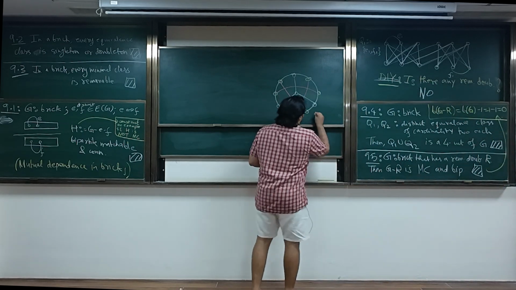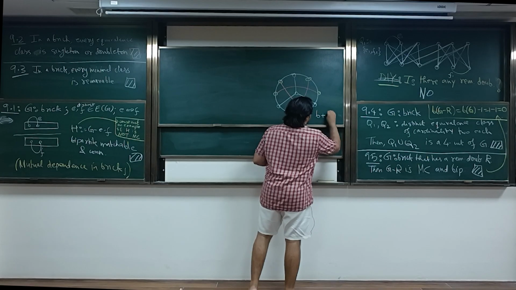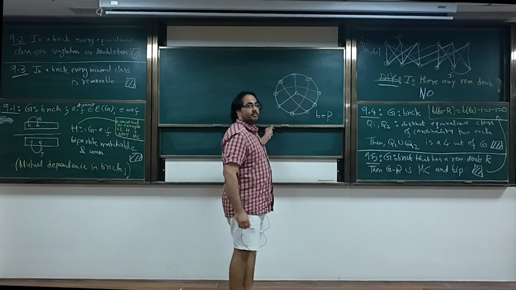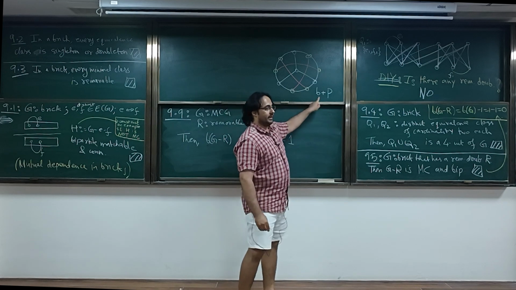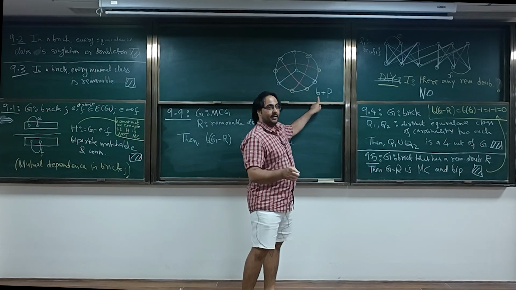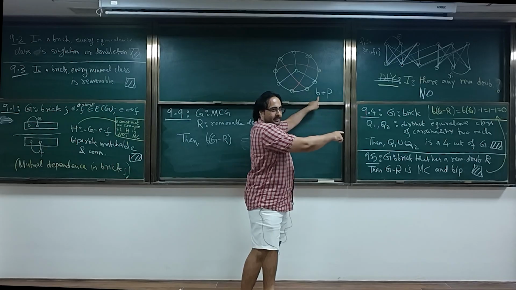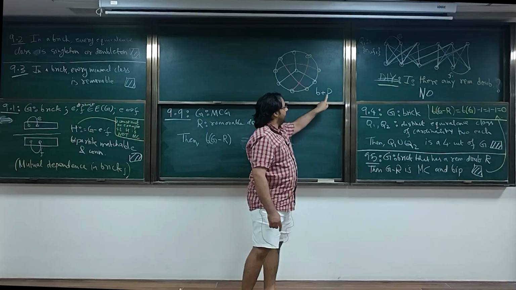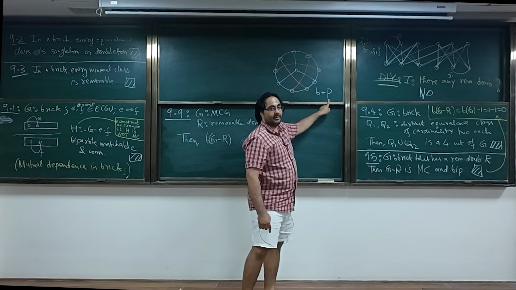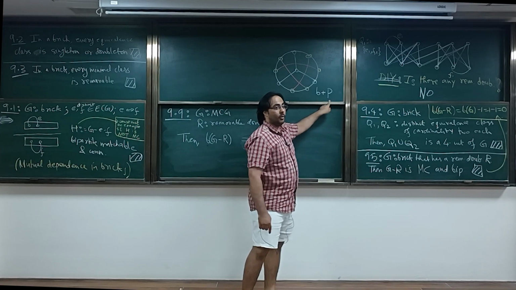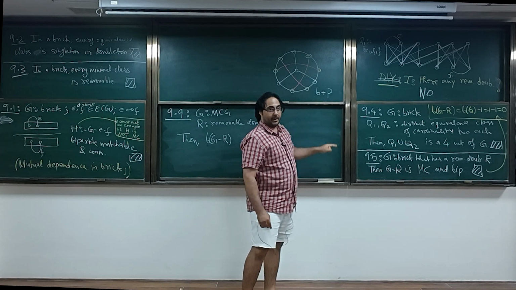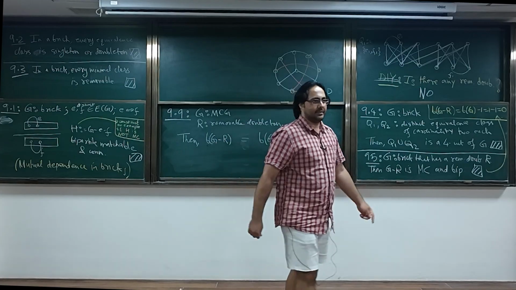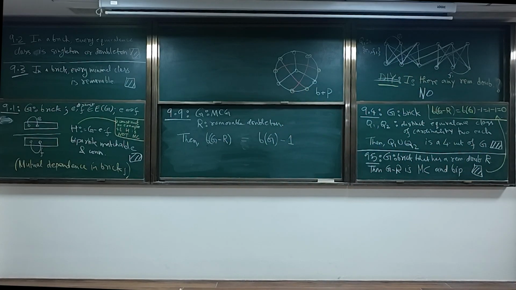If you want the minimum number of double ears, the answer is B plus P. In any matching covered graph, the minimum number of double ears required across all ear decompositions is B plus P, the number of bricks counting Petersen twice. That's the answer. And observe that B plus P is 0 if and only if the graph is bipartite. So for bipartite graphs, we don't need double ears. That is why we cover bipartite ear decomposition in SGT, not in this course.